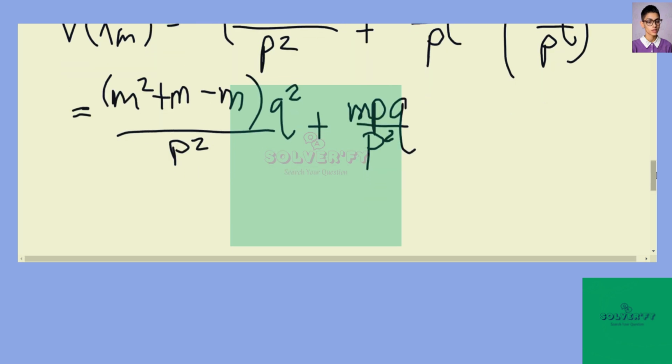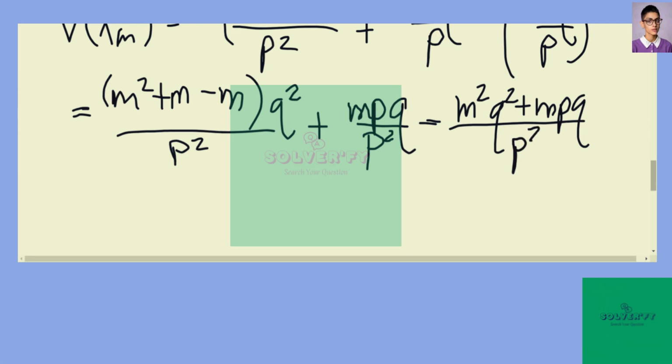And this reduces to m squared q squared plus m p q over p squared.